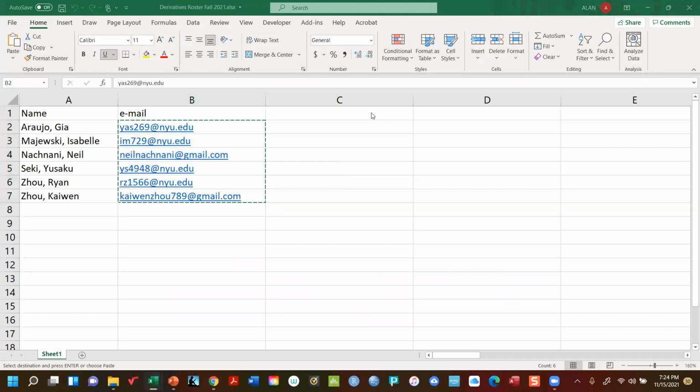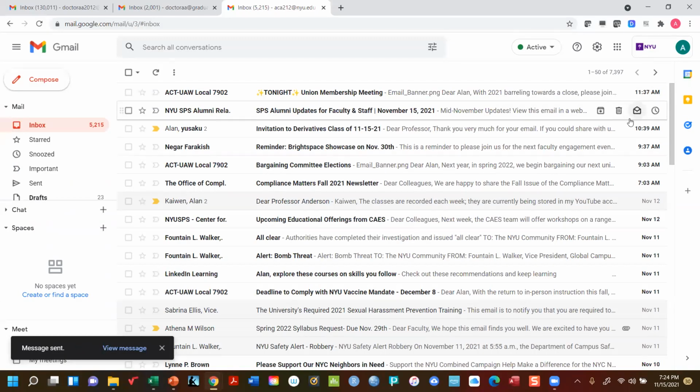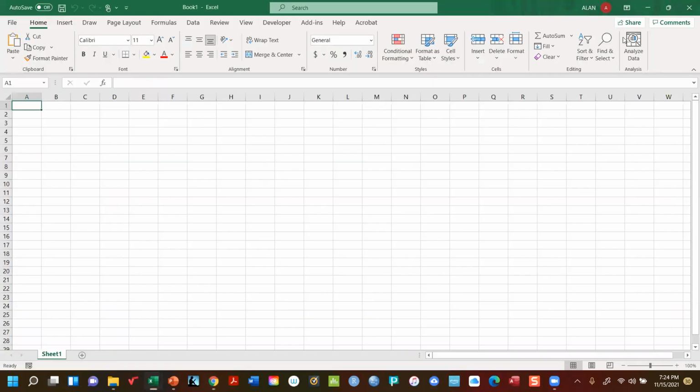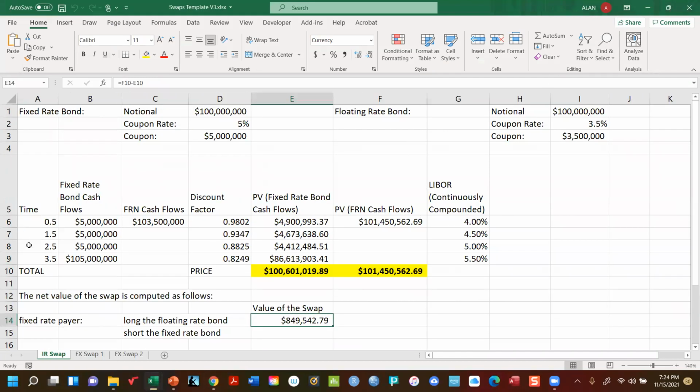All right, so let's take a look at this. It says here IR swap. So the notional was $100 million. Let's just confirm all of this.